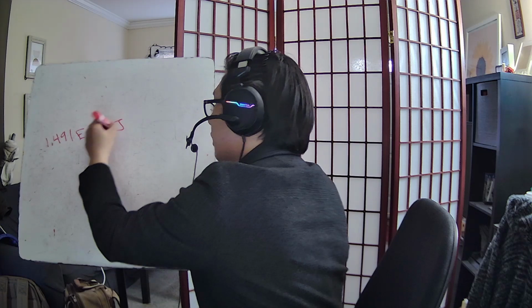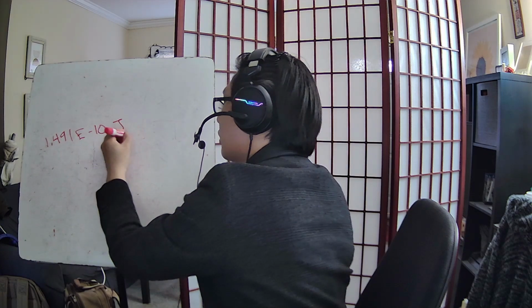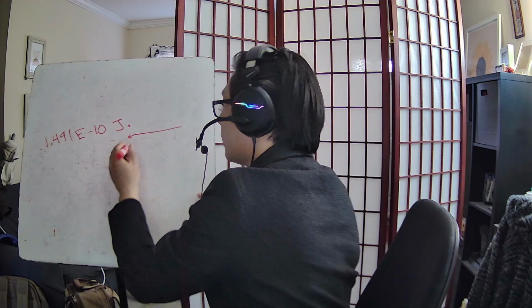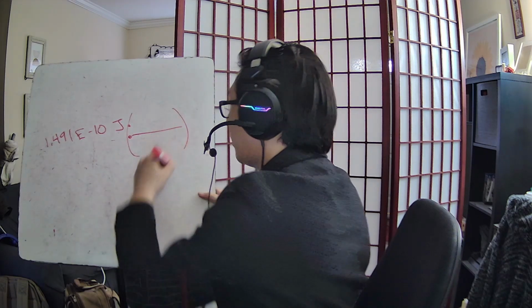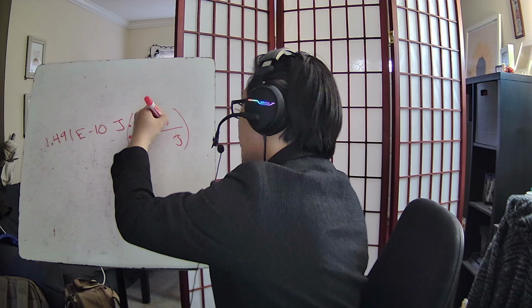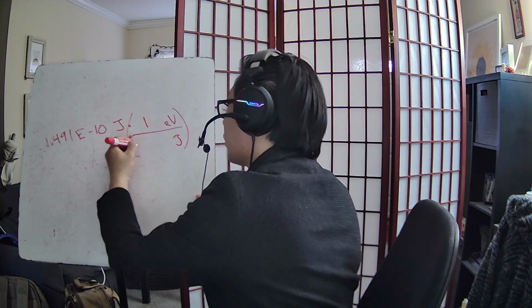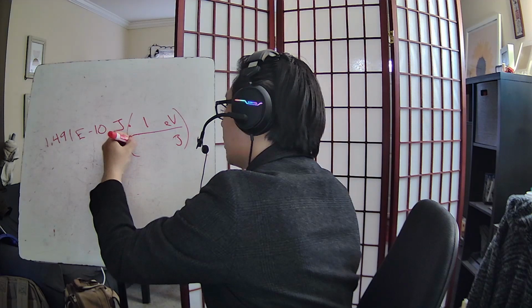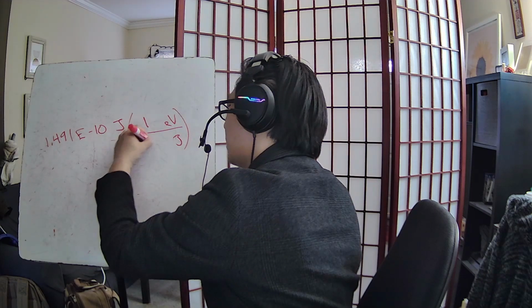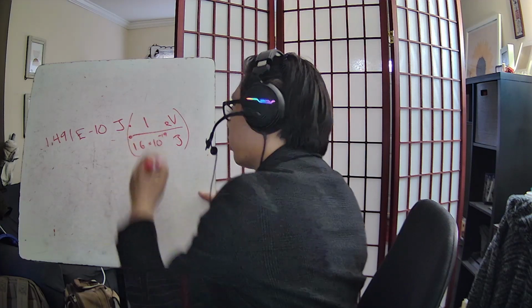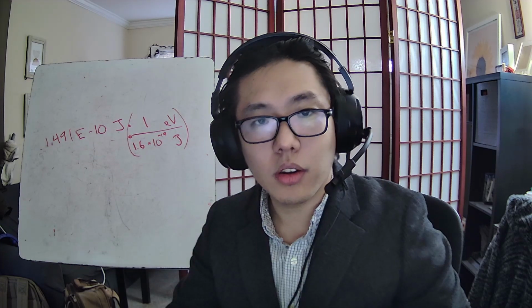All right, so we know that for joules to electron volts, we're just going to have to multiply this by our next ratio. Our next ratio is joules to electron volts, all right? So we have 1 electron volt is going to be 1.6 times 10 to the negative 19 joules. I believe that is correct. I'm going to double check for myself one time before continuing, all right?